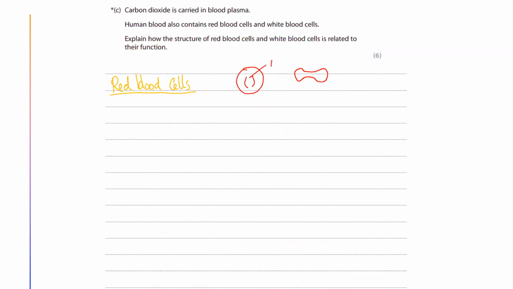So they have no nucleus. It's good to draw diagrams. They're sort of like a dimple, a squashed bit, called a biconcave shape, squashed in the middle.